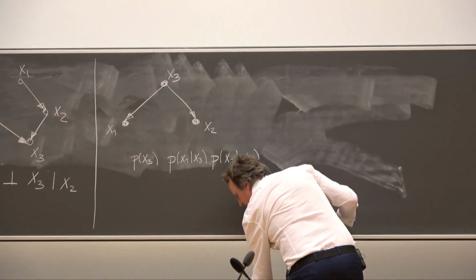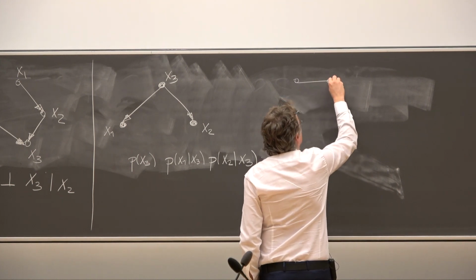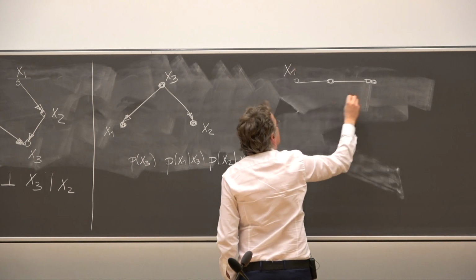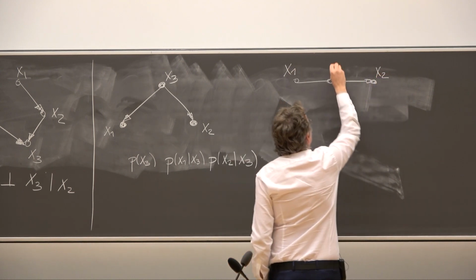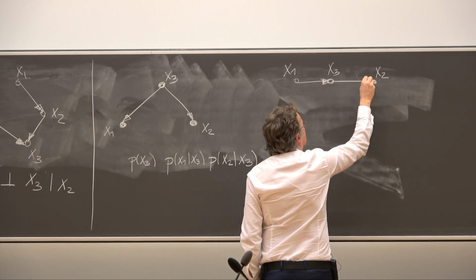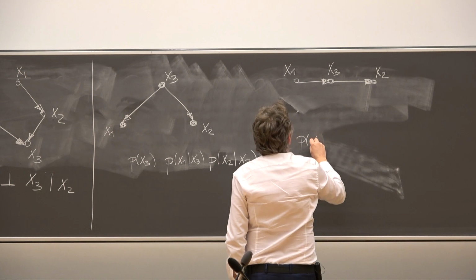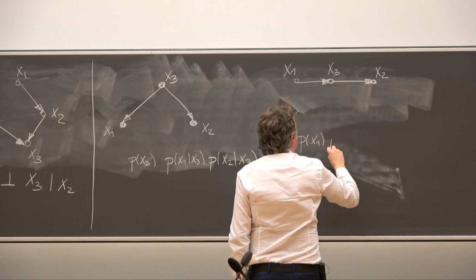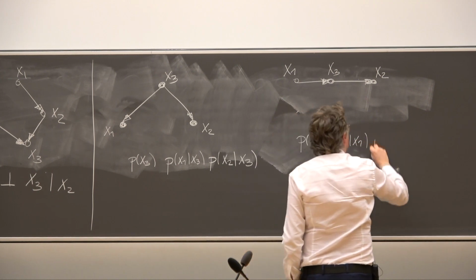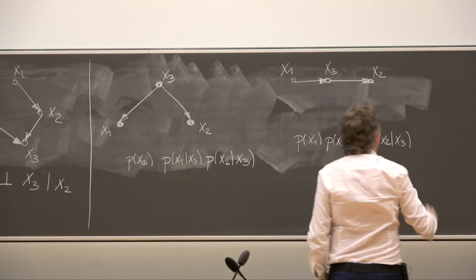Then we'll have another example. It's always just 3. I have an x1, an x2, and an x3. This will mean the distribution here is p of x1, p of x3 given x1, p of x2 given x3.